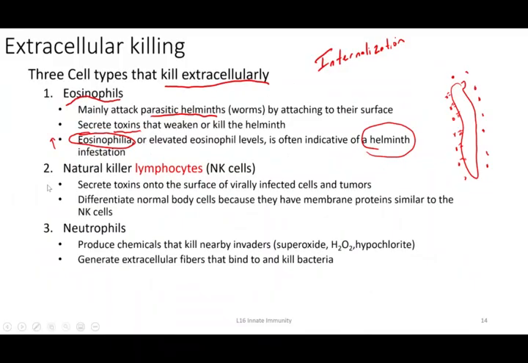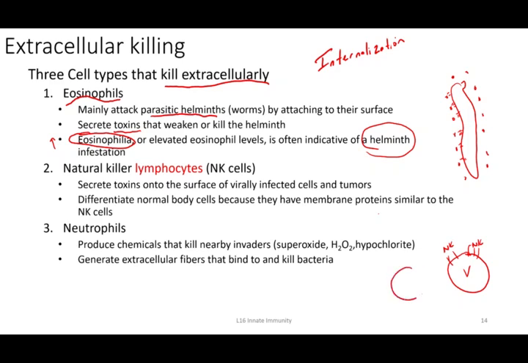Another example are these natural killer lymphocytes. So this is a category of white blood cell that we haven't talked a lot about, but lymphocytes, these NK cells, same sort of thing. If we have a cell that has a virus in it, we can have these NK cells come up and potentially release chemicals directly onto that virally infected cell.